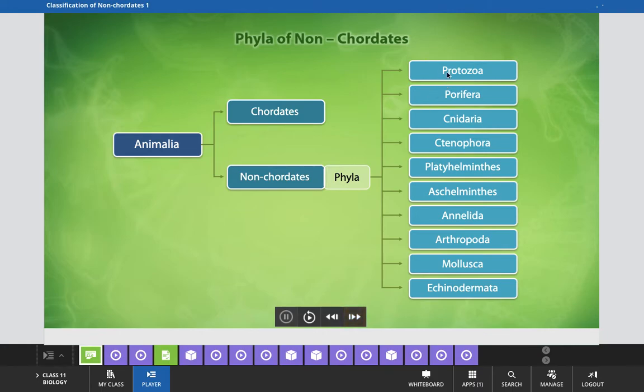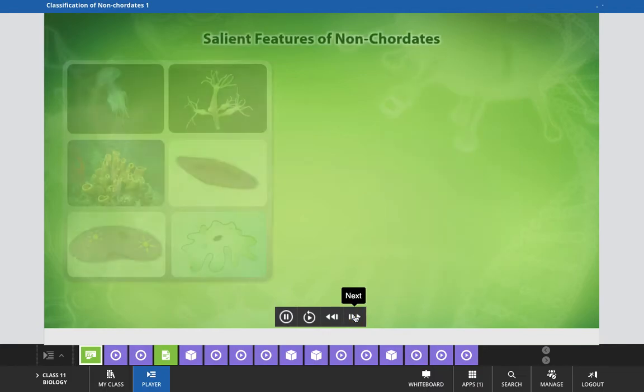According to the two kingdom system, it belongs to the animal kingdom, but we have taken that also in Protista. Now today we will focus on the next two phyla, Cnidaria and Ctenophora. The rest of the phyla, Platyhelminthes, Aschelminthes, Annelida, Arthropoda, Mollusca and Echinodermata, we will take in the next classes.